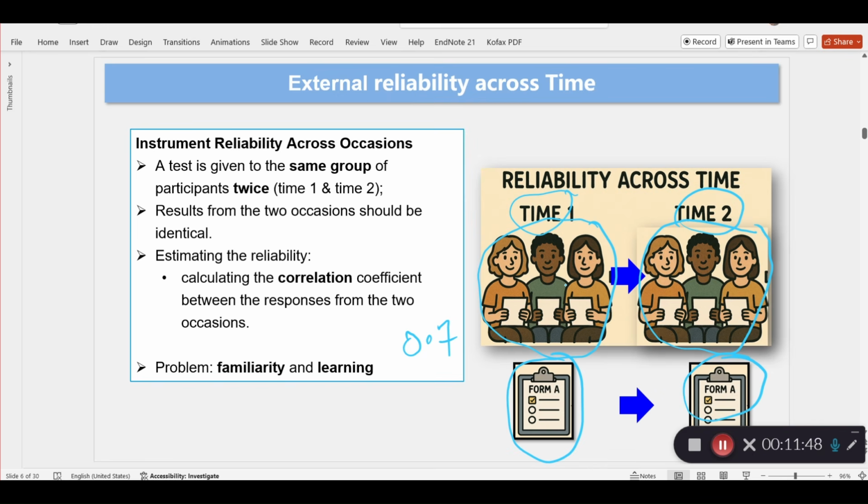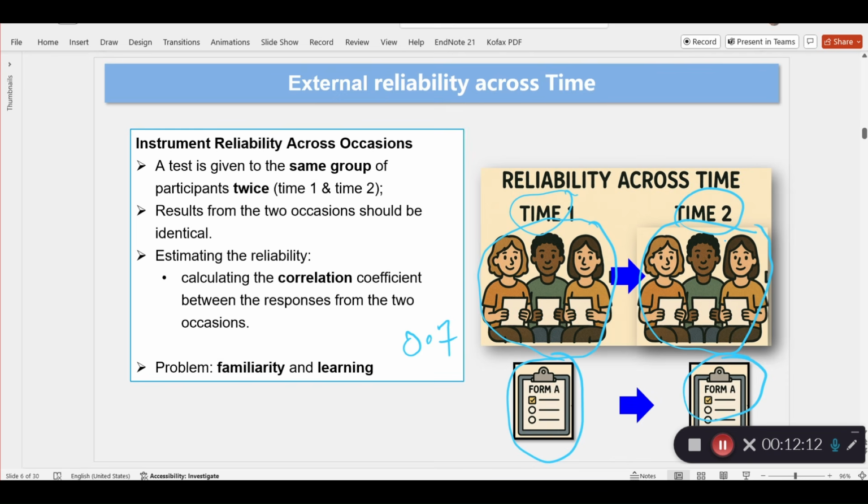And some of the students, or maybe all of them, may go out there and read something, or maybe chat with a chatbot and learn quite a little bit about what was tested on the assessment. And on the second occasion, their learning can also affect their performances, and that's a threat to the analysis of the reliability of the two tests.